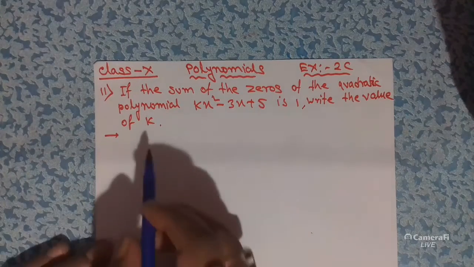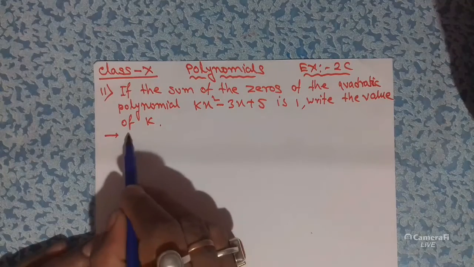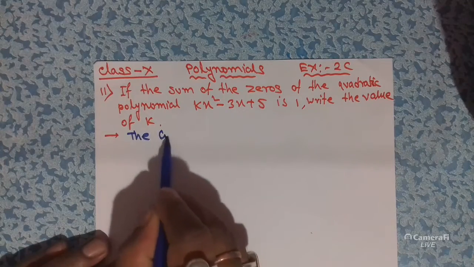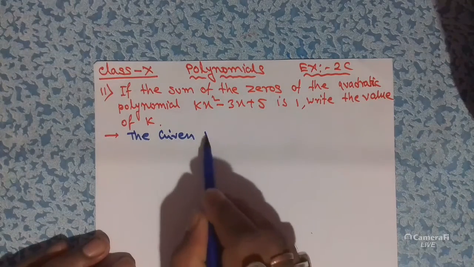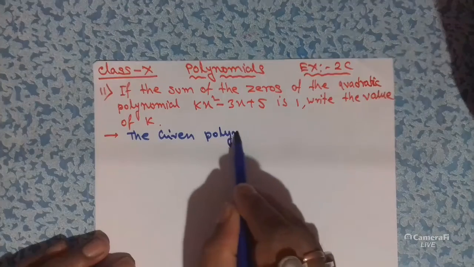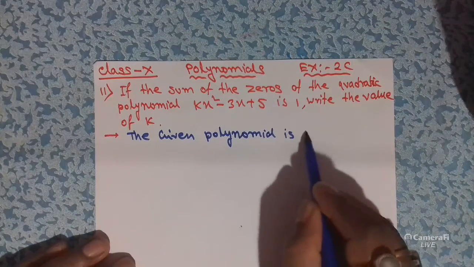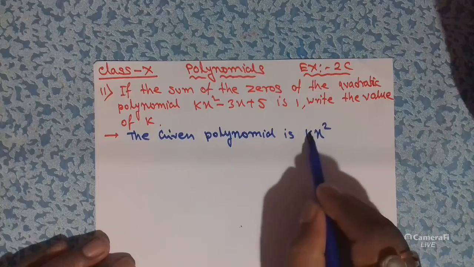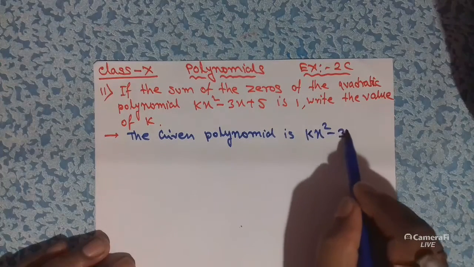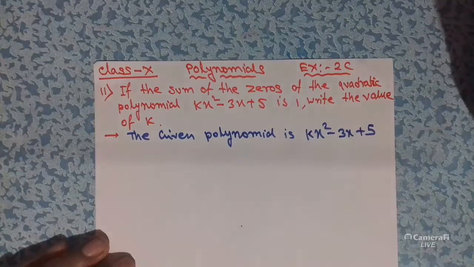So here the given polynomial is kx square minus 3x plus 5.